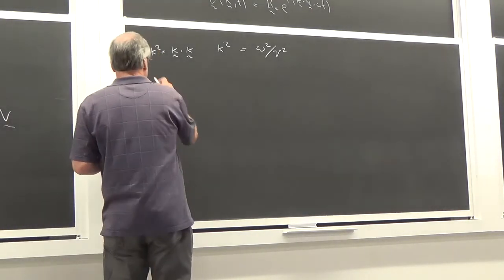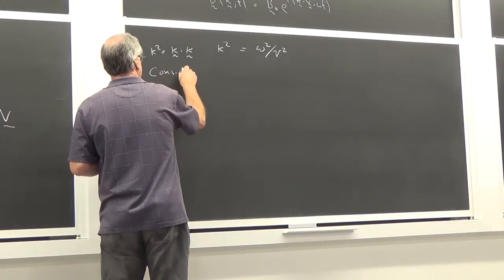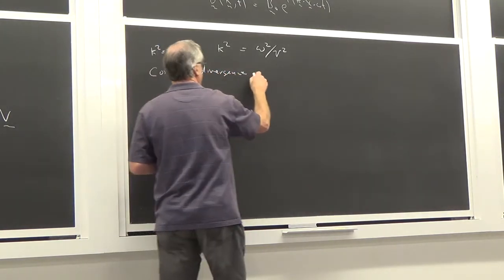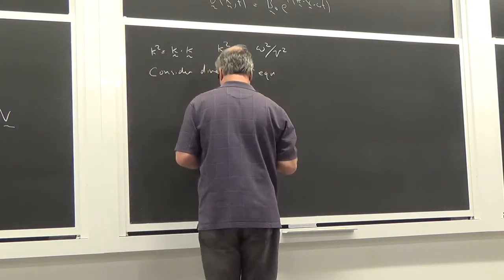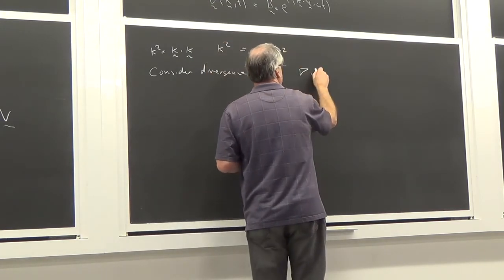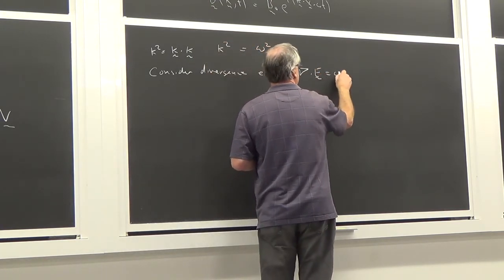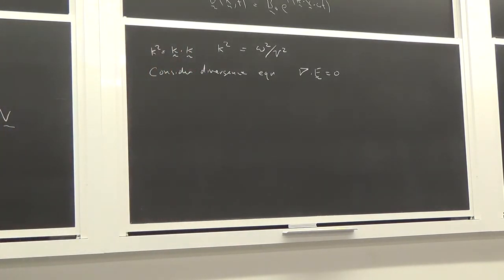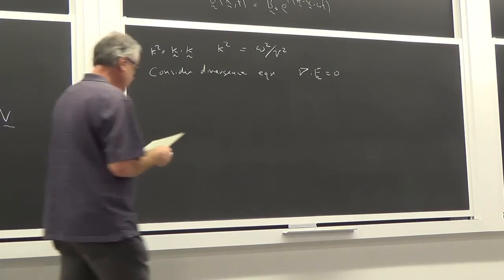Let's consider divergence first. Going back to one of Maxwell's equations, del dot E is equal to 0. I can do the same thing with del dot D, but let's do it explicitly with del dot E here.